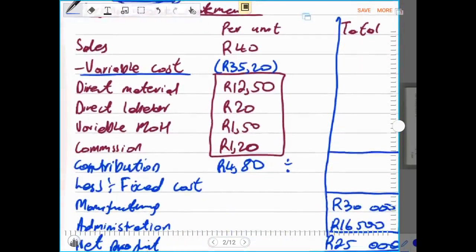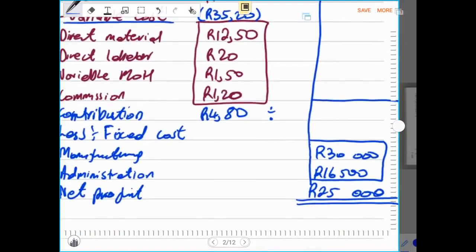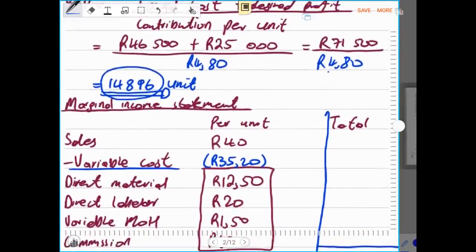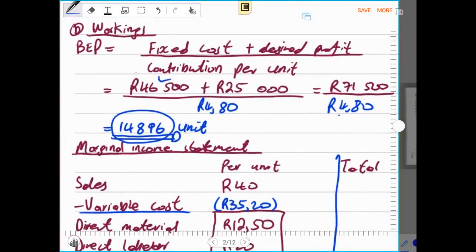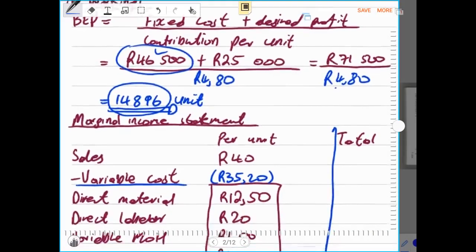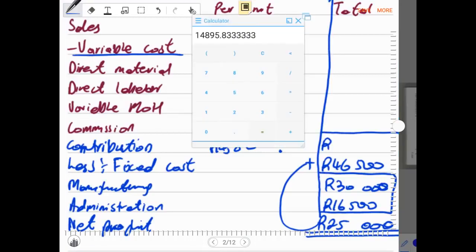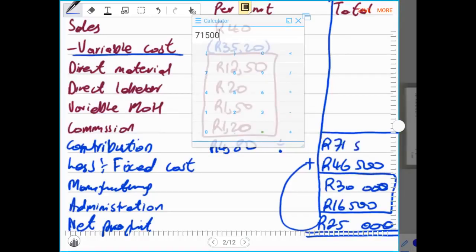14,896. Then I will say once again our total fixed cost is 46,500 if my memory still serves me. Okay, yes, 46,500, which is the total fixed cost before we took into account the profit. Now if we add the profit, because now we are doing things in reverse, it will be profit plus the total fixed cost, and this will give us a total of 71,500. 46,500 plus 25,000 rands will be 71,500 rands.